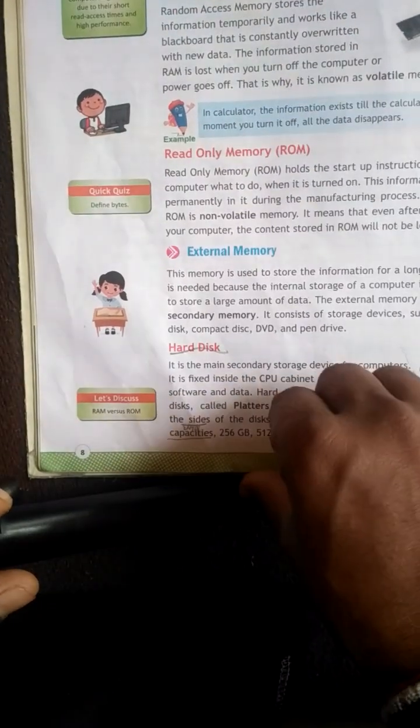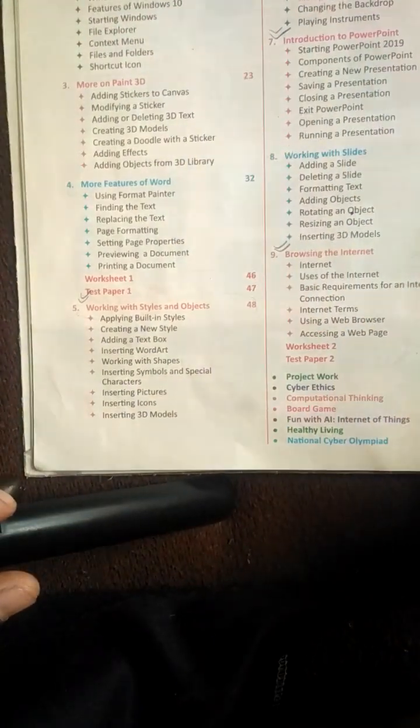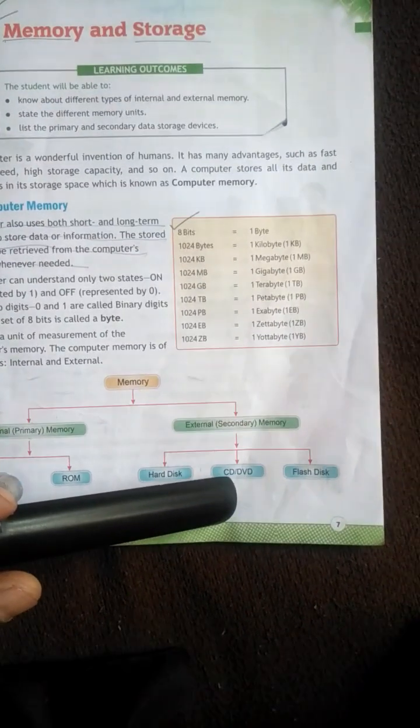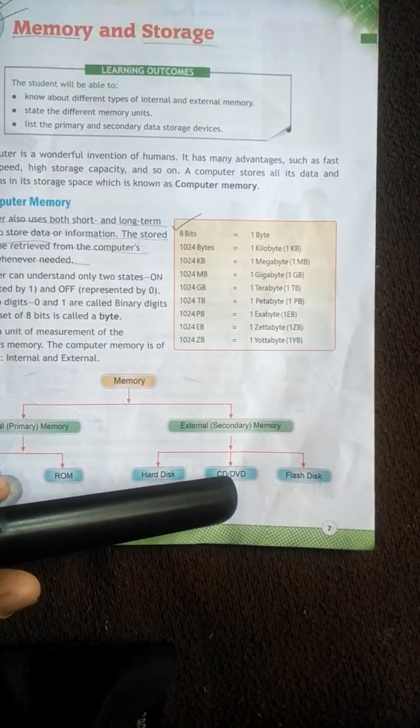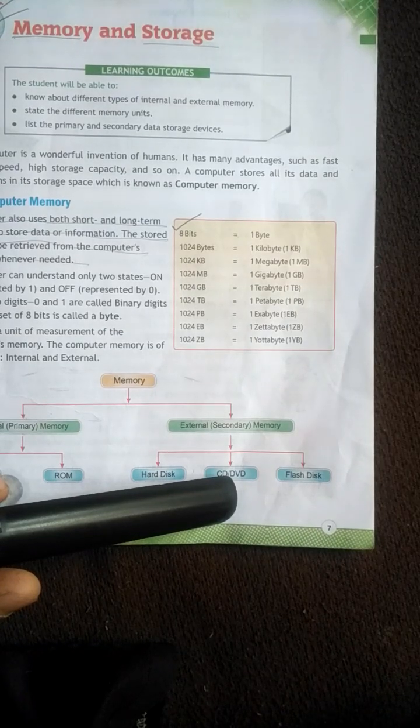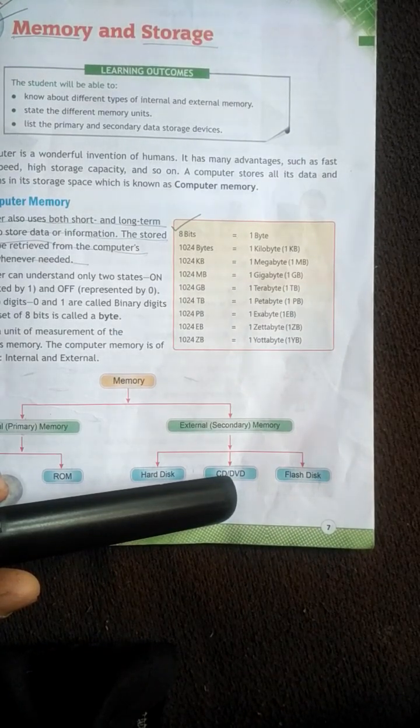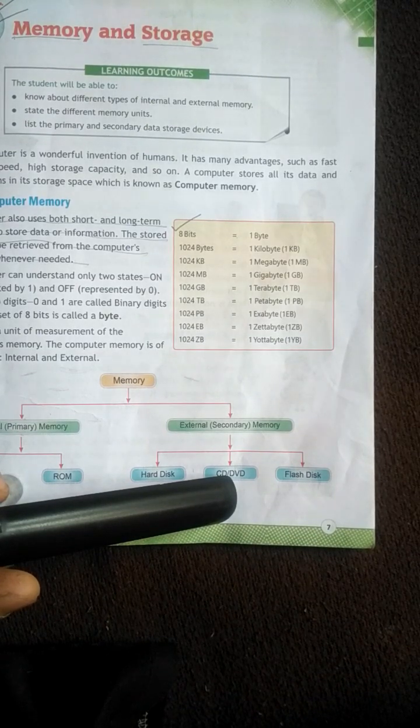Okay, let's move back and see how we can calculate the units. 8 bits make 1 byte. 1024 bytes equal 1 kilobyte, and 1024 KB is equal to 1 megabyte, 1 MB. 1024 MB is called 1 gigabyte, 1 GB, and 1024 GB is 1 terabyte, 1 TB. 1024 TB is called 1 petabyte, 1 PB.